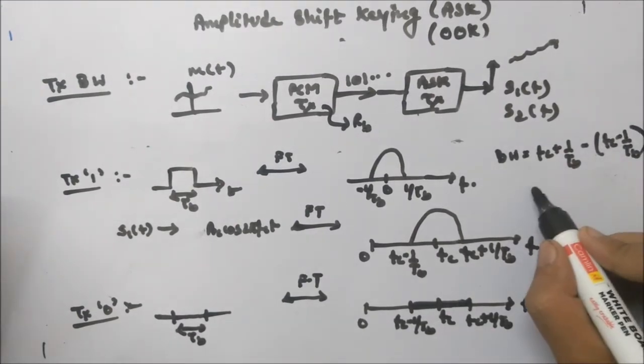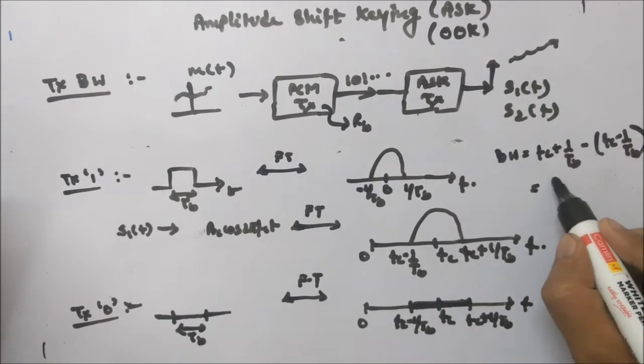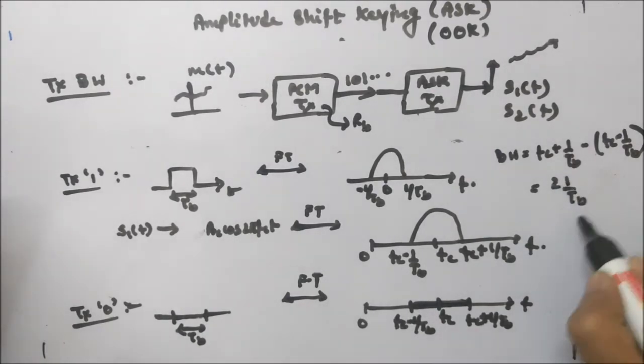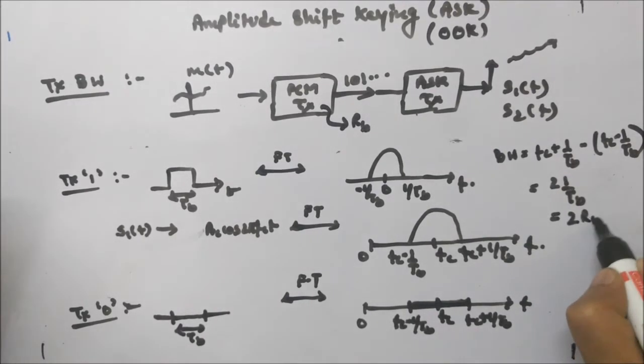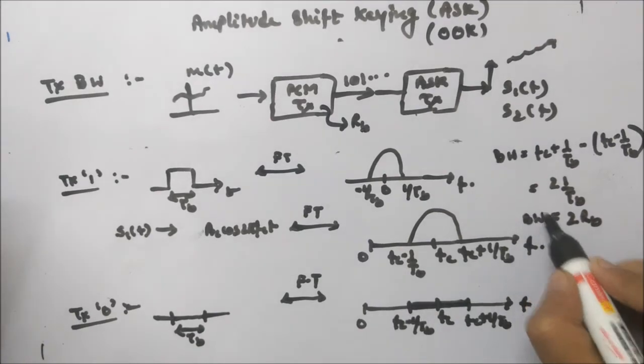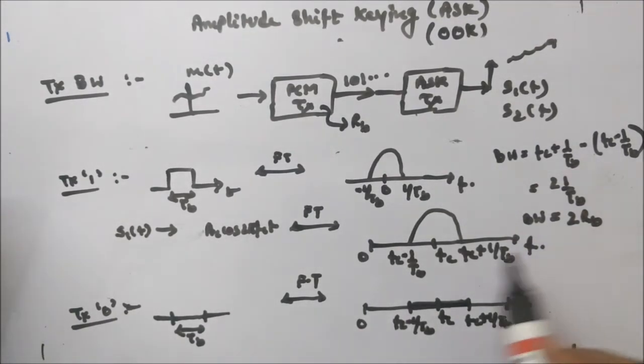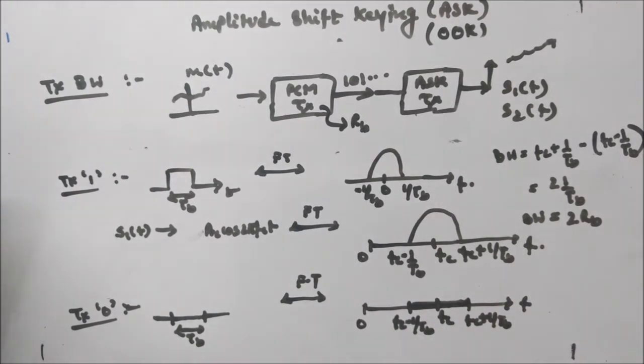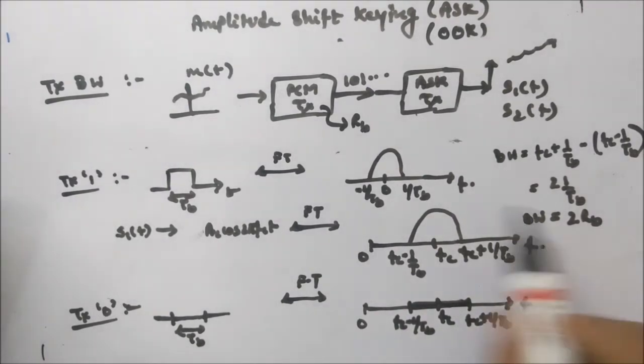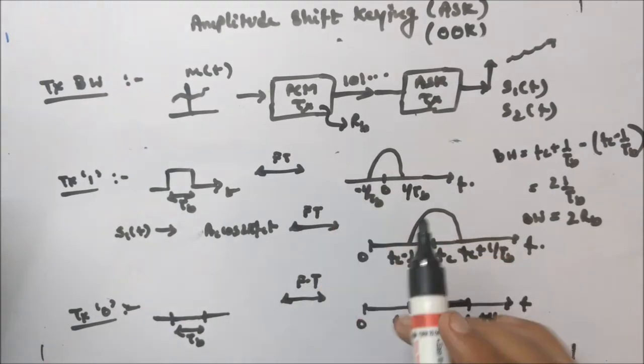That comes out to be 2 by TB, that comes out to be 2 RB bandwidth. So this is the bandwidth of this signal, where RB is your bit rate which you are generating from here.